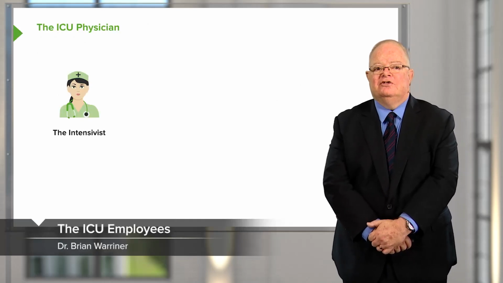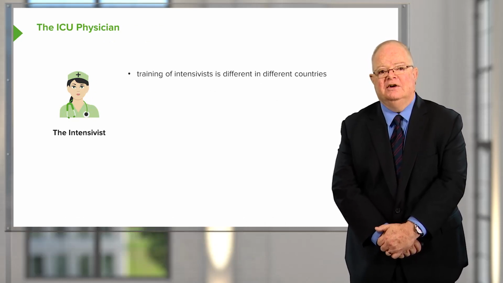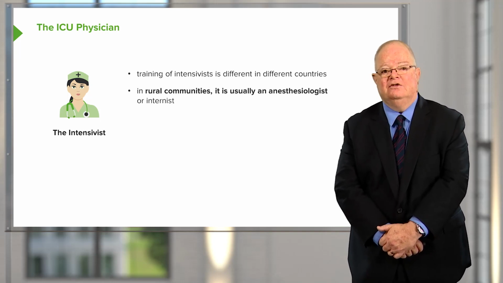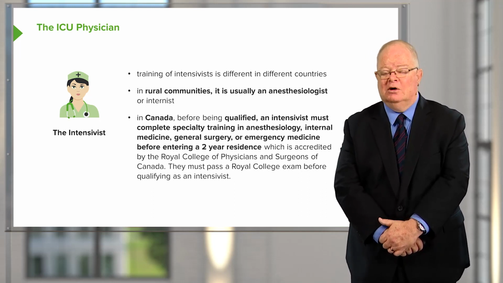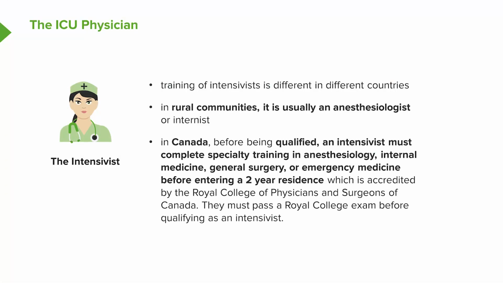So the ICU physician, the intensivist: the training for intensivists varies in different countries. And in rural communities, it's usually an anesthesiologist who takes on this role. In my country, Canada, there is a three-pronged approach to intensive care medicine qualifications. One must complete either their anesthesiology training, their internal medicine training, their general surgical training, or their emergency medicine training before applying for an intensive care residency.